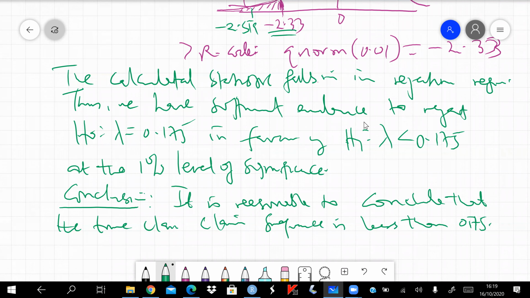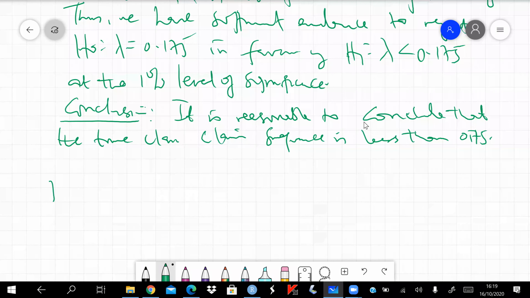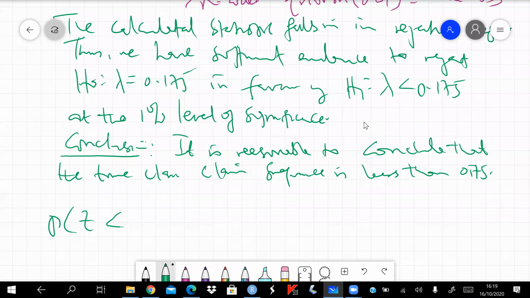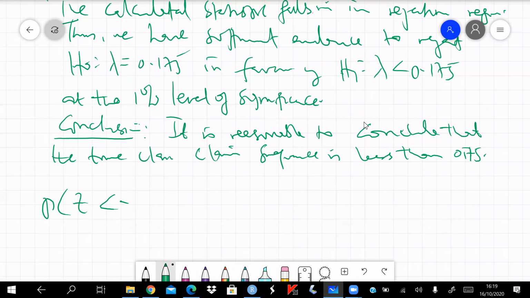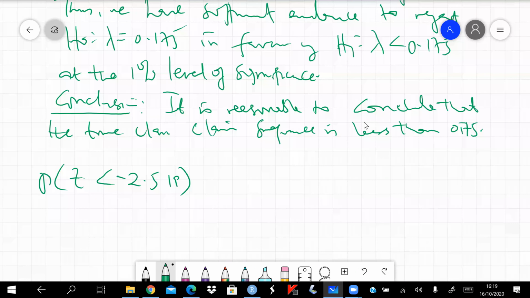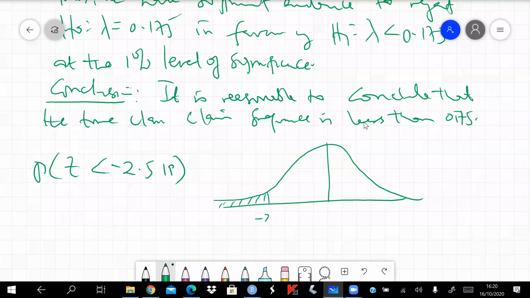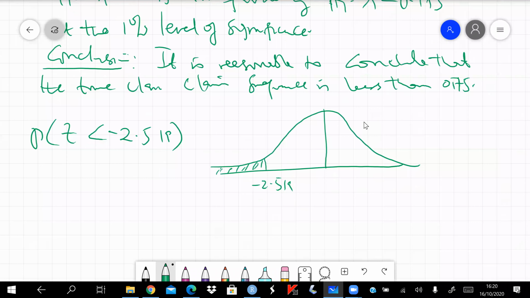Alternatively, we can also use p-values. In this case, we'll be looking at the probability that Z is less than minus 2.519. So this is the area that we are looking for, the p-value. You'll use the R code, pnorm of minus 2.519, which gives you the cumulative probability up to this point.